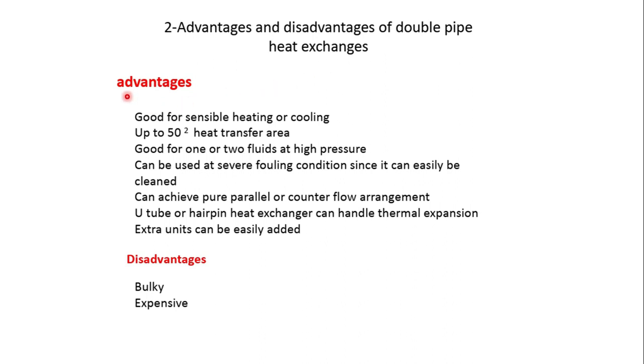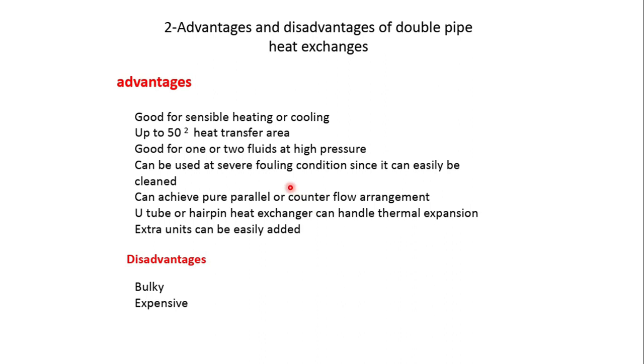So there are multiple advantages, which include that it is good for sensible heating and cooling with up to 50 square feet of heat transfer area, and it is good for one or two fluids which are normally at higher pressure, and it can be used in severe fouling conditions.